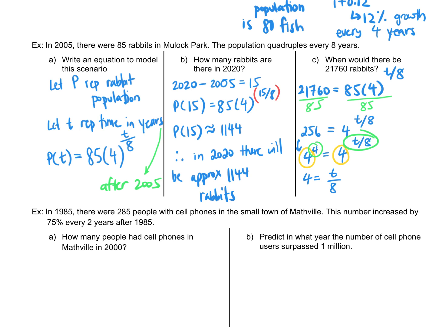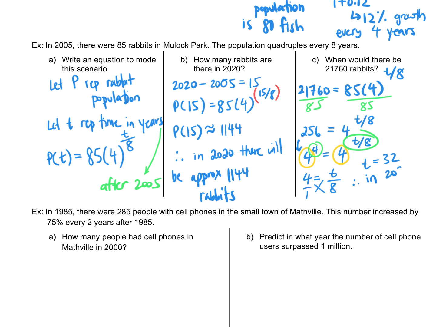And now I can do a quick cross multiply, and I get that t equals 4 times 8, which is 32. That means in 32 years after 2005, so in 2037, there will be that many rabbits.